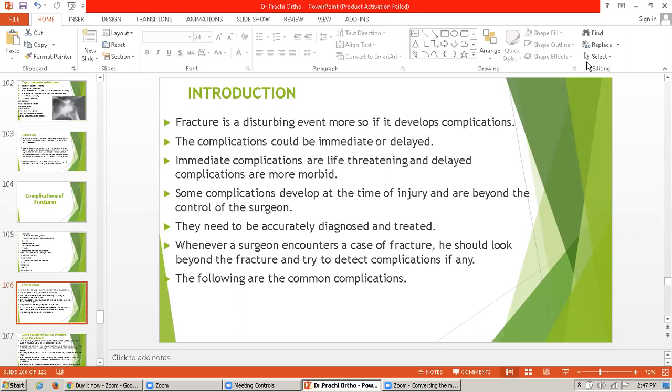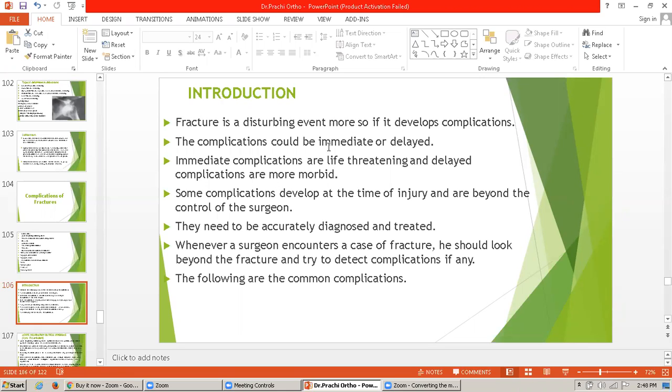It is a very important topic, that is complication of the fracture. Fracture is a disturbing event, more so if it develops complications.